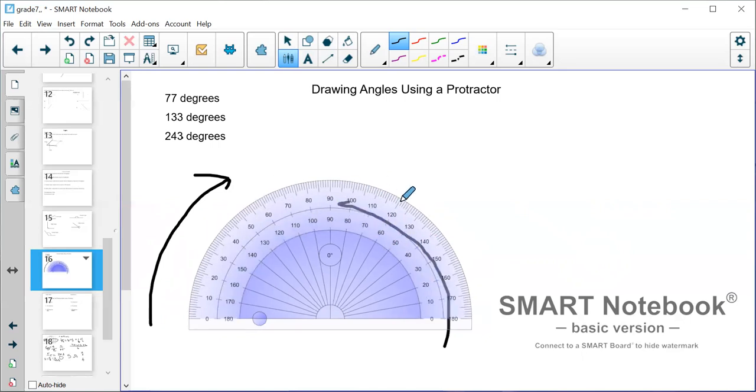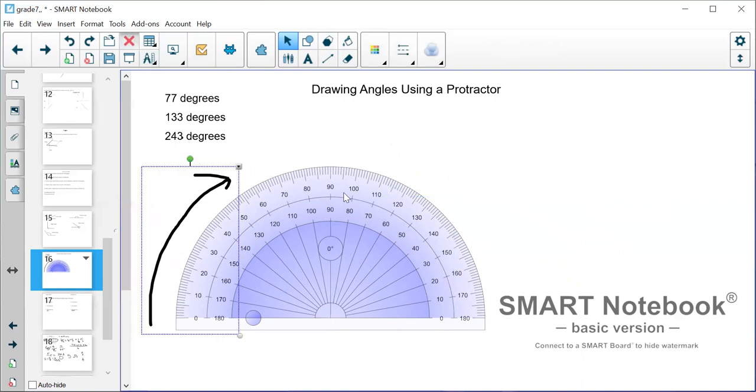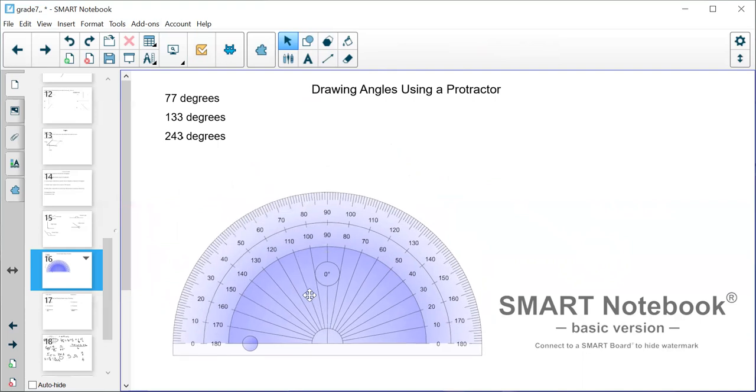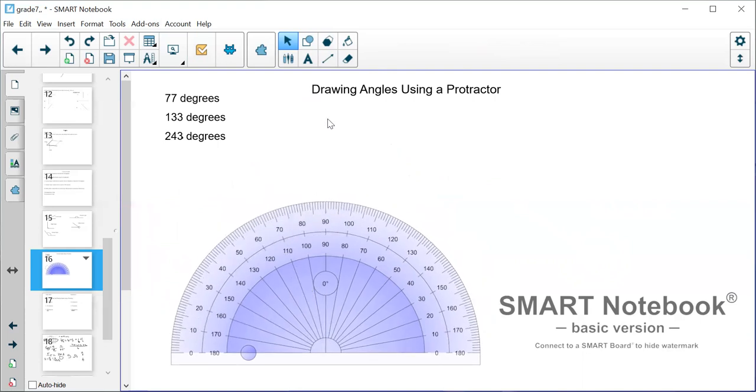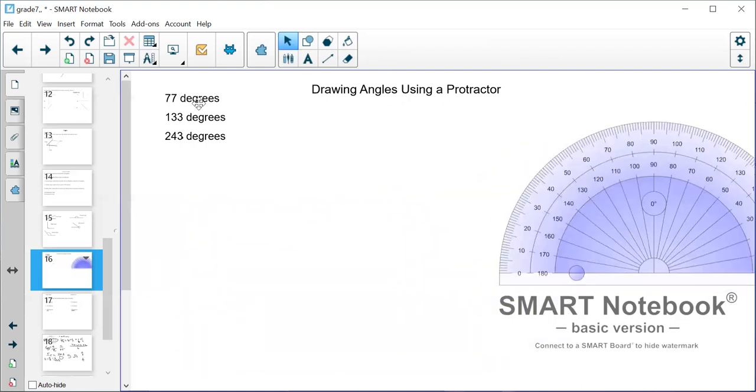So we have differences in the direction that these numbers increase towards, and as I said, there is a reason for that. So we'll go straight into how we actually obtain angles using this protractor. Good. The first one we want to get is 77 degrees.